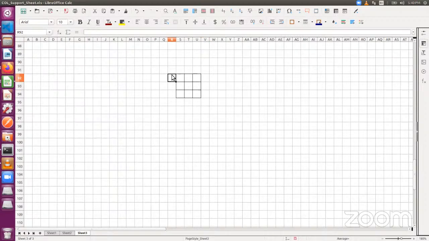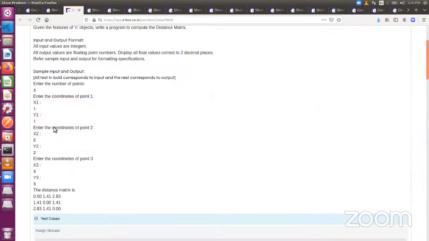Suppose this is point 0, point 1, point 2, and this is point 0, point 1, point 2. And each of the points has coordinates. So these are the coordinates of point 0, point 1, and then point 2.